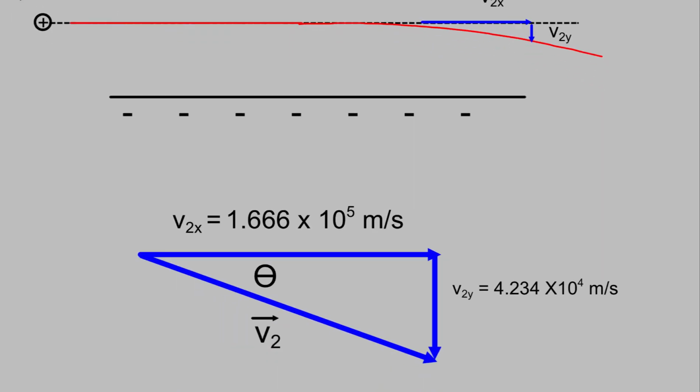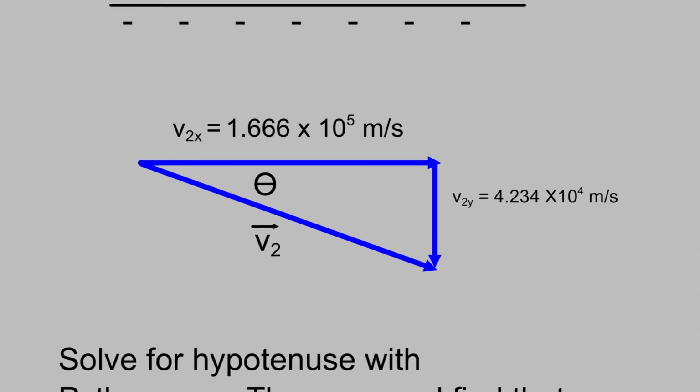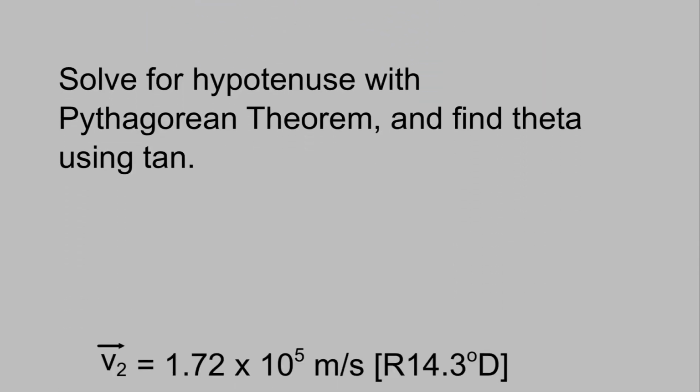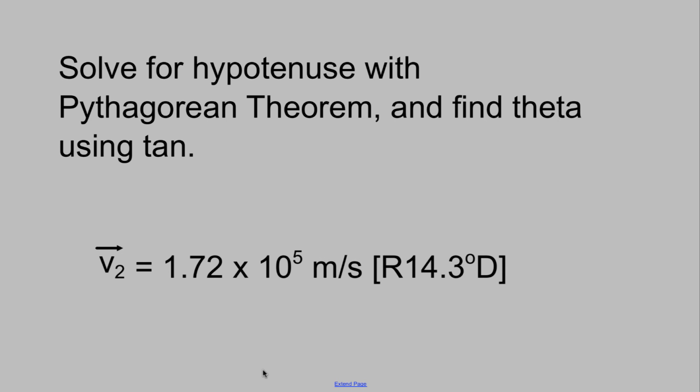So we're solving for the hypotenuse, which is Pythagorean theorem, and we're solving for the angle, which is the tan of opposite over adjacent. And once you have done that, we get a final velocity of 1.72 times 10 to the 5 meters per second, and the direction will be right 14.3 degrees down.